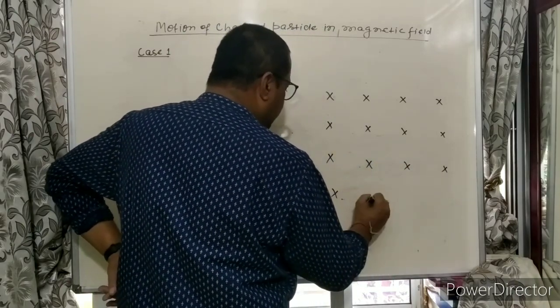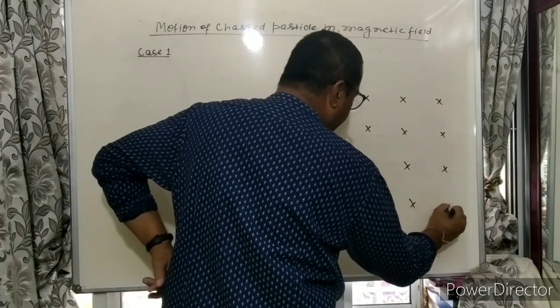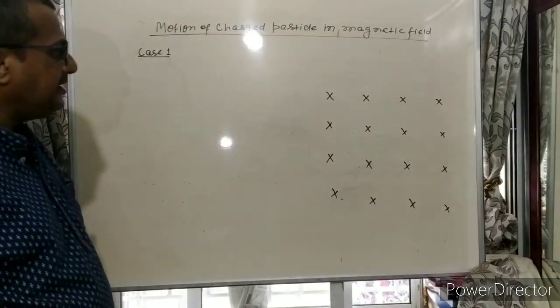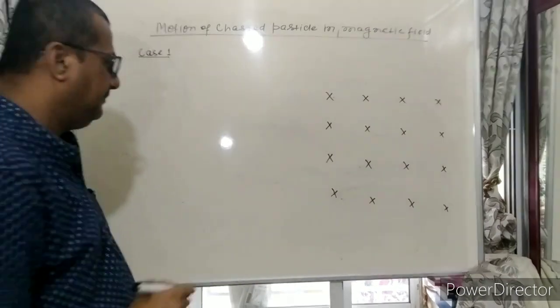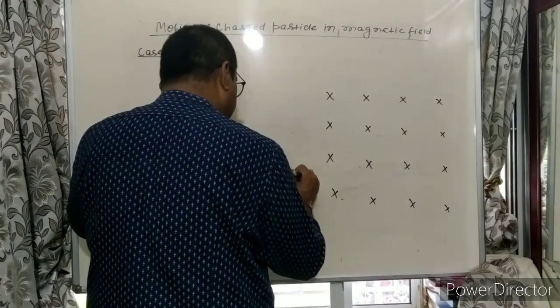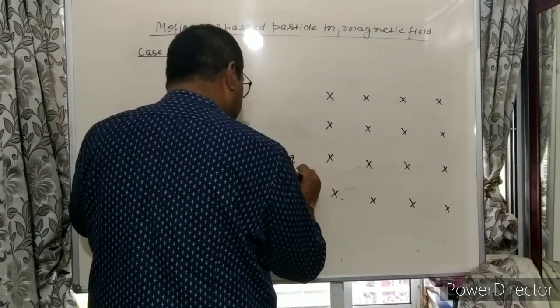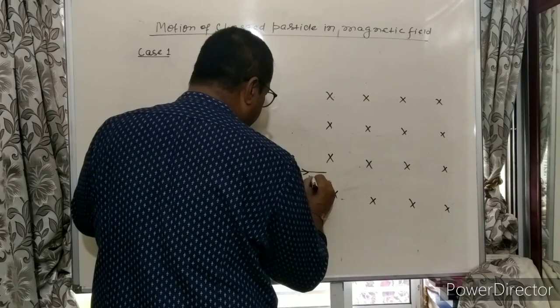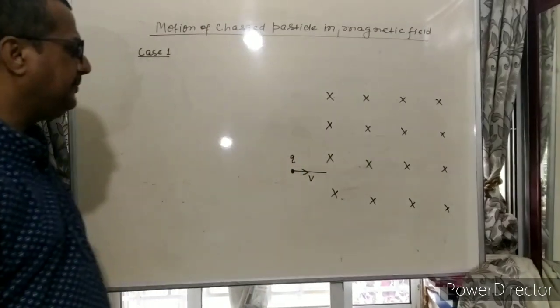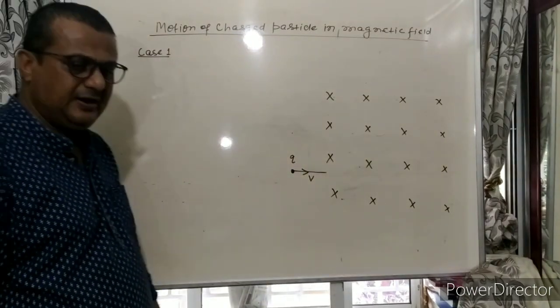It indicates that there is a uniform magnetic field. There is a uniform magnetic field, and one charged particle, this is the Q, is entering with velocity v in the magnetic field.